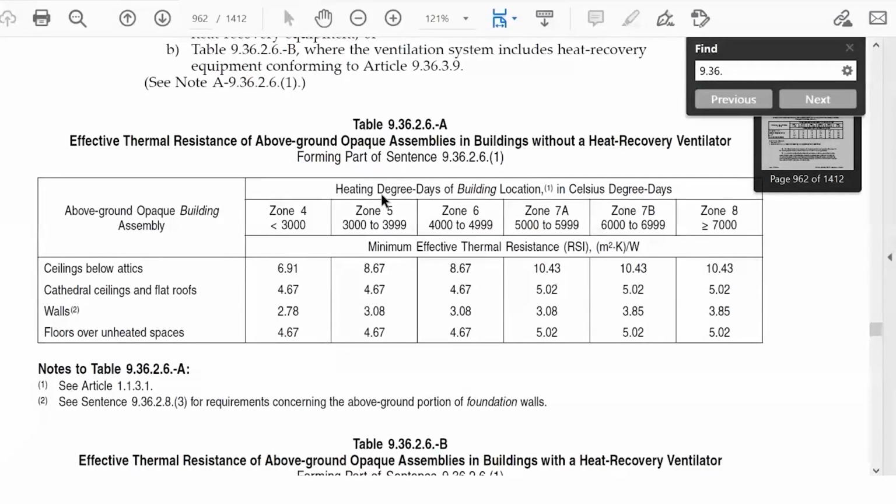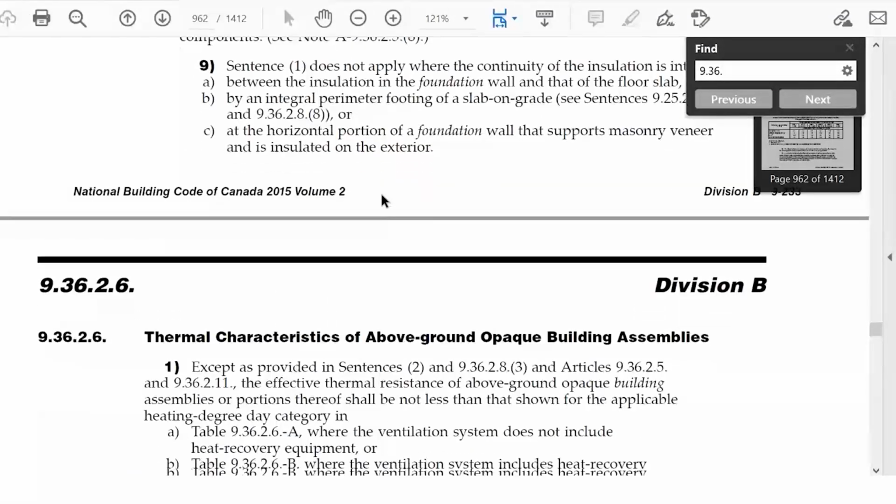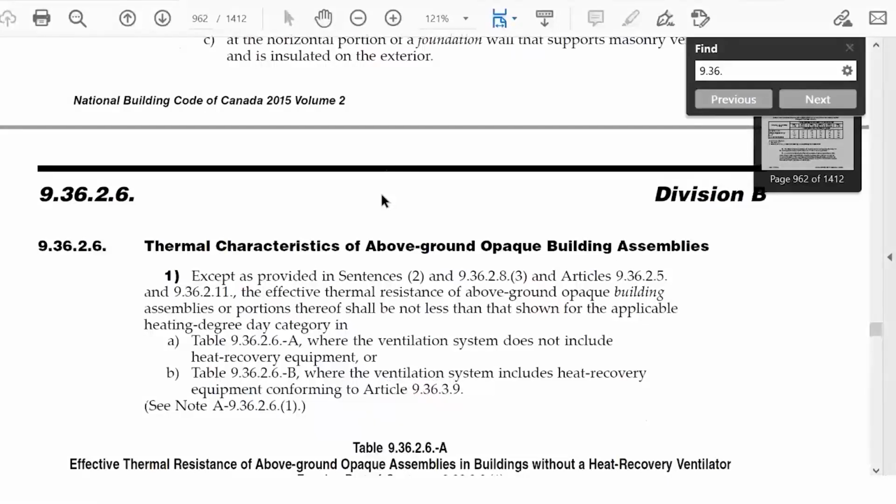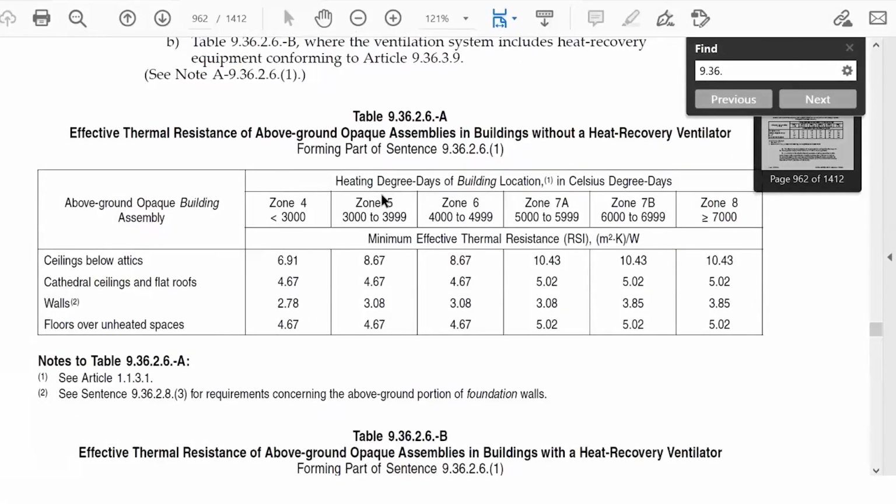These are all elements of your envelope, depending on the zones. And if you're looking at the climatic data in Appendix 6, you can see the zone.